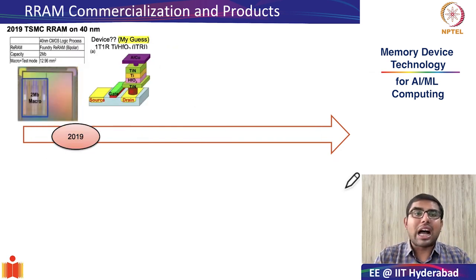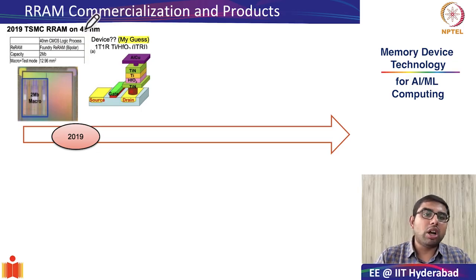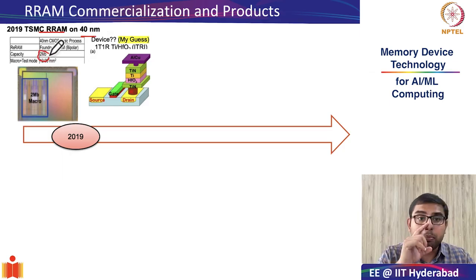And at least for RRAMs, it seems like the big giants like TSMC and Intel came slightly late to the party. In 2019, TSMC showed their first work on RRAMs on the 40 nanometer node with a very tiny capacity of 2 MB per macro.